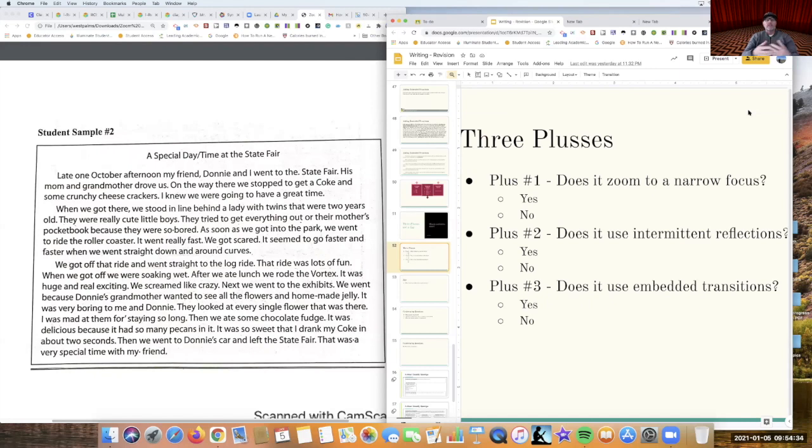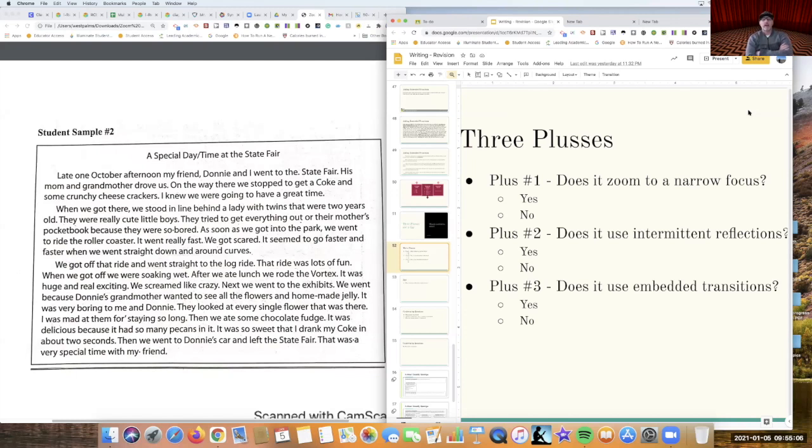Let's say Donnie is not all in on the roller coasters, very tentative. And his friend spends all of that time convincing him, hey man, we have to ride this roller coaster. We have to do this. We have to get on. And the friend is unsuccessful at various points, but then Donnie finally relents, goes on the roller coaster, scared out of his mind at first, but then has a great time. It's like, wow, why didn't I do that sooner? It's focused on one thing, or it's focused on one ride.